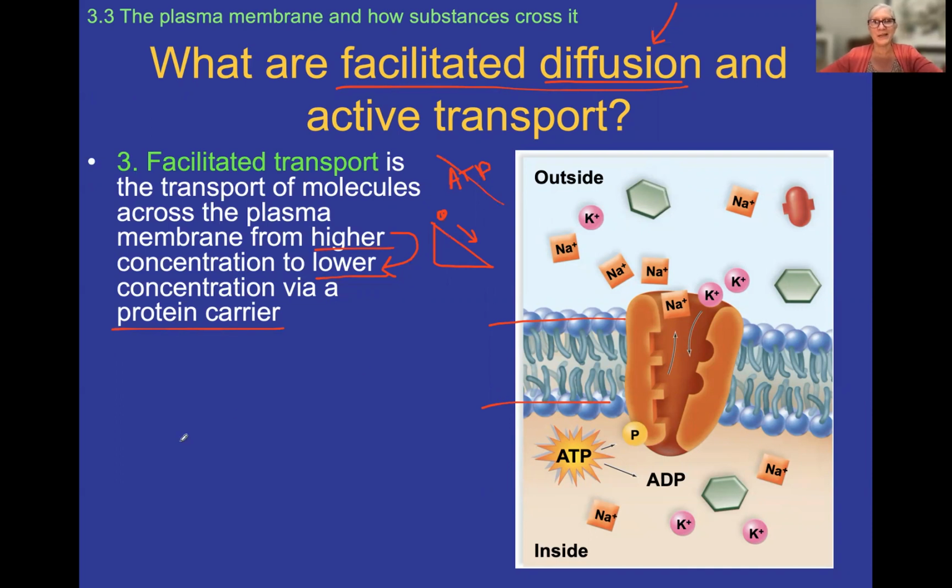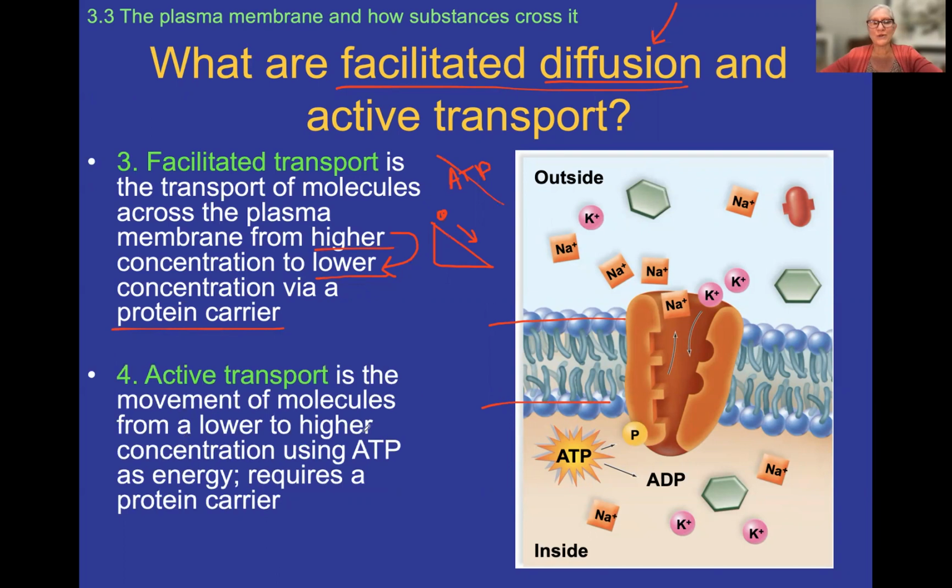Let's move on. Next one, to compare that to active transport. Remember, I said you have to use ATP to pump something across the membrane. So that's what's demonstrated here. ATP is an energy molecule. It actually transfers one of its phosphates. You don't need to understand how that happens. But because of that, it's going to help push out molecules.